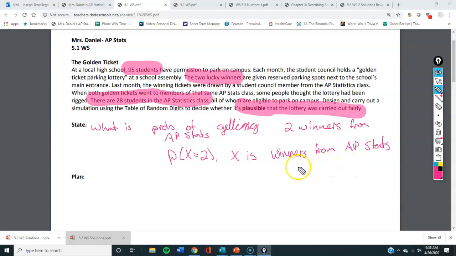All right, so what's our plan? We're going to have to carry out a random sample, because in Chapter 5 we didn't have all the tools in our tool bag that we currently do. So our plan, we're going to assign, please write this in paragraph form when you do it, numbers 1 through 95 to each student.